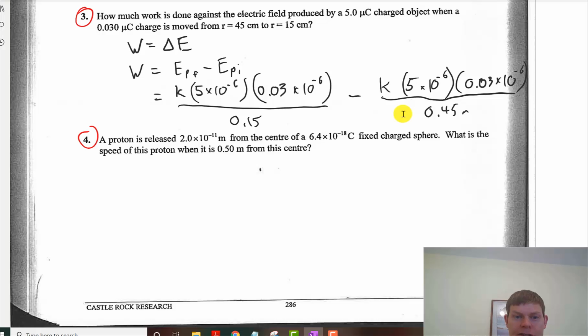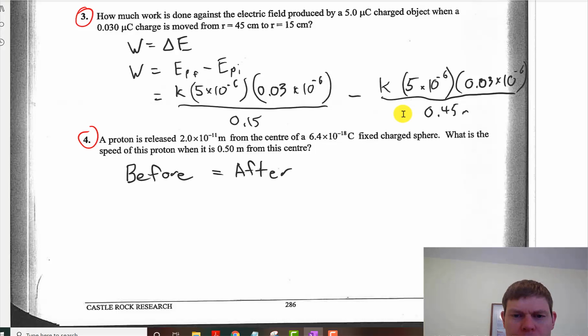All right, for this guy, I just wanted to bring you back to your energy before equals after. So we'll do before equals after. By the way, anytime you've got speed or anything like that, odds are you're doing something like before equals after.